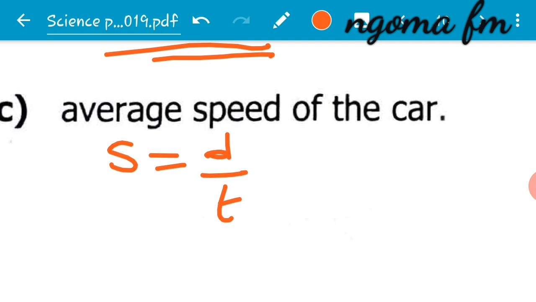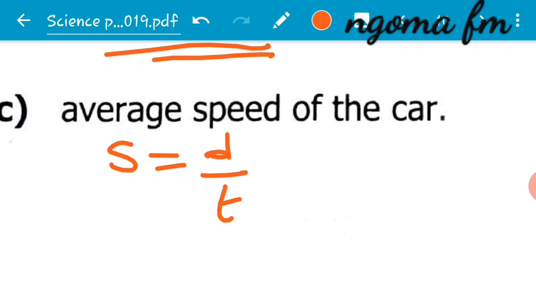Because the car may have changed its speed during the course of the journey, and we cannot specify the speed at each and every point, but looking at the whole distance covered and the time it took the car to move from point A to point C, we can deduce the average speed.